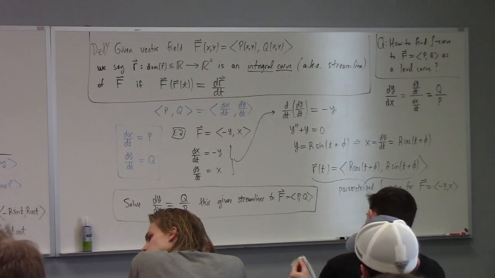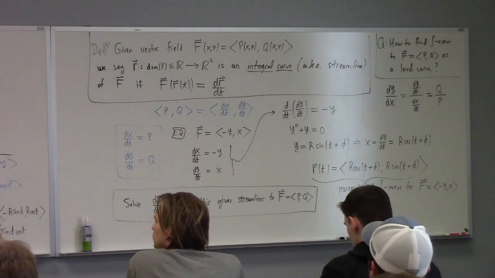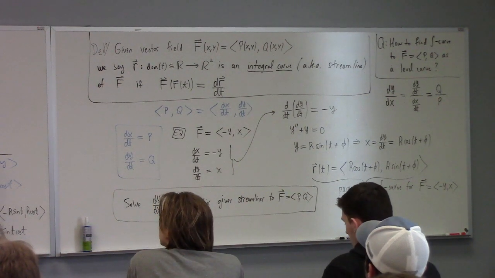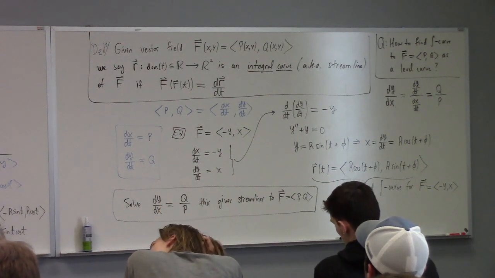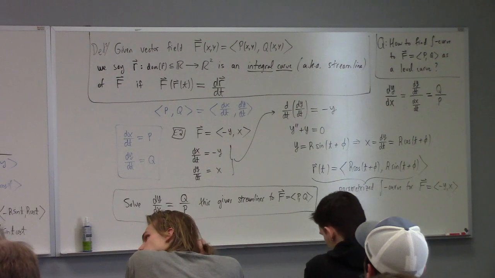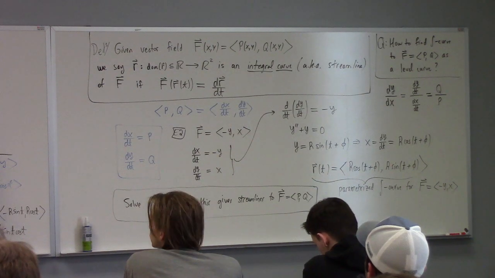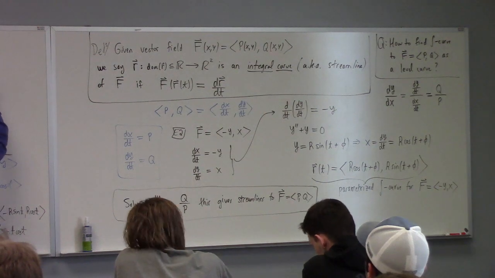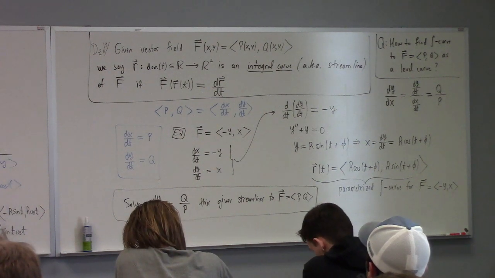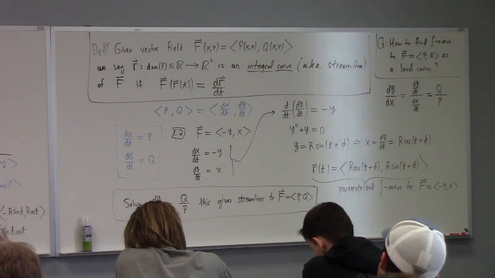So for F equal to (-y, x), we want to look at dy/dx equals Q over P. For us, that is x over minus y. Can we solve this differential equation?